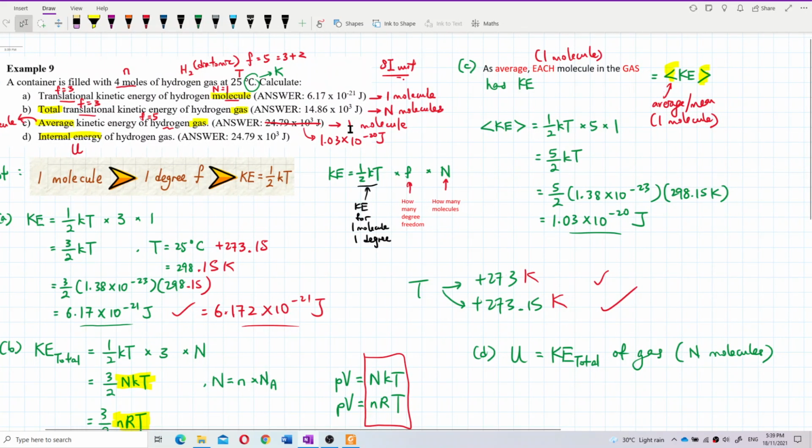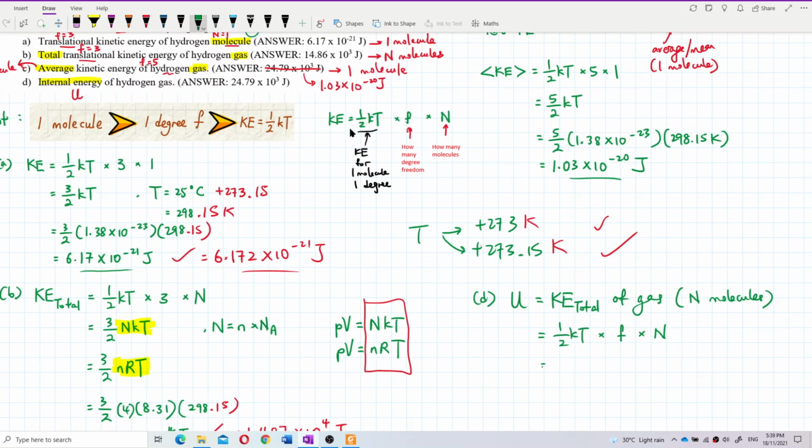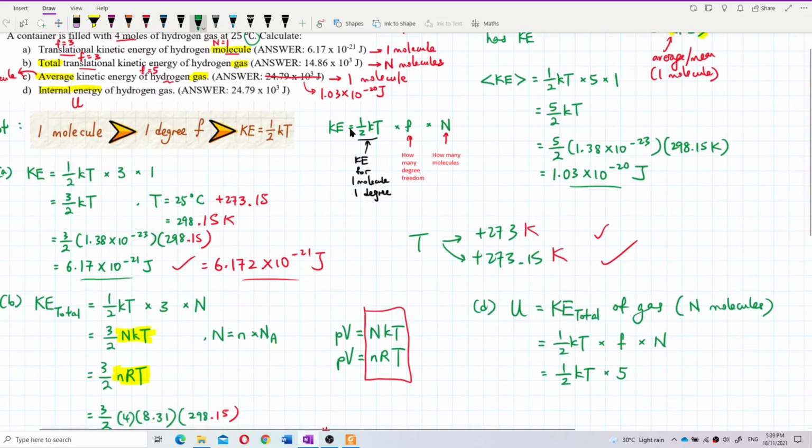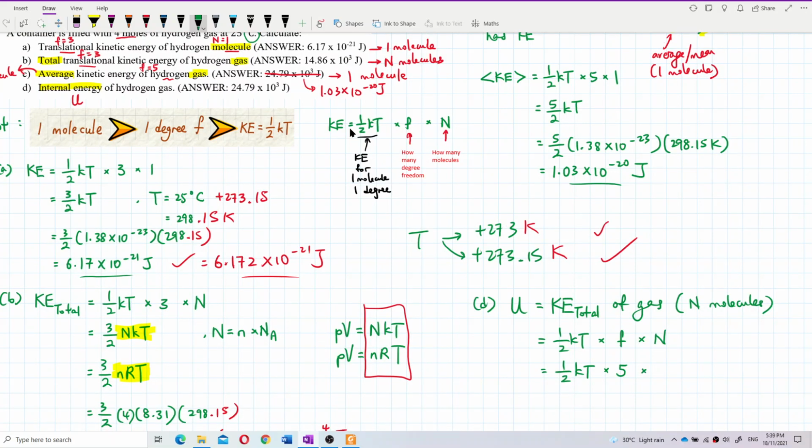So let's do it. The total kinetic energy of gas starts with half kT, multiplied by F and multiplied by N molecules. You have 5 degrees of freedom because it's a hydrogen gas, diatomic. You have N molecules of the whole gas. So this becomes F over 2 NkT.